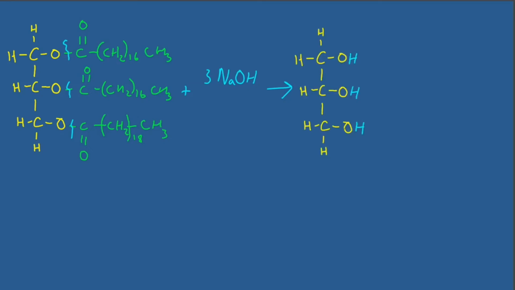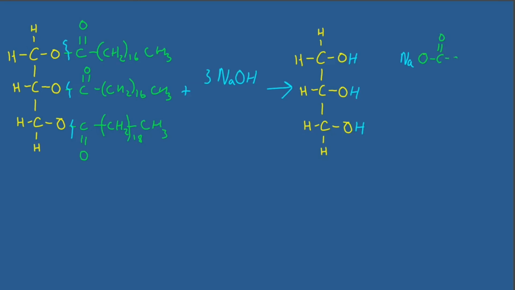So that has now formed the triol, the glycerol. I will also have a sodium salt of some fatty acids. So here I have O, C, O, and what did I have?